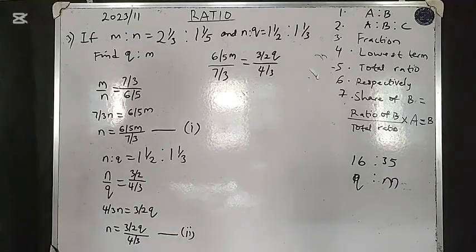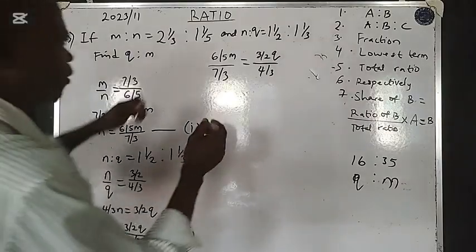Is that correct? So at this point, we can cross multiply. Do we cross multiply? Yes, let's cross multiply.